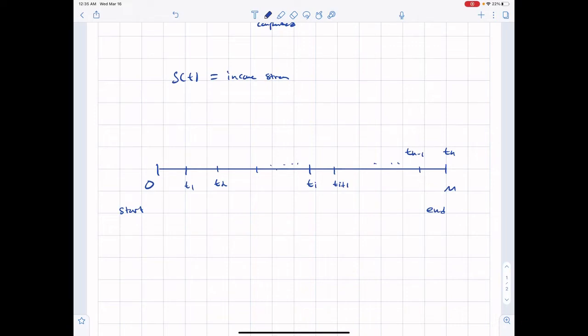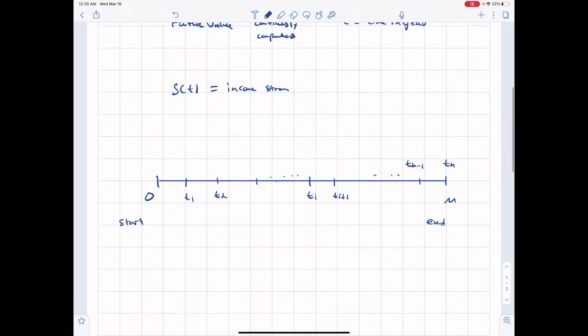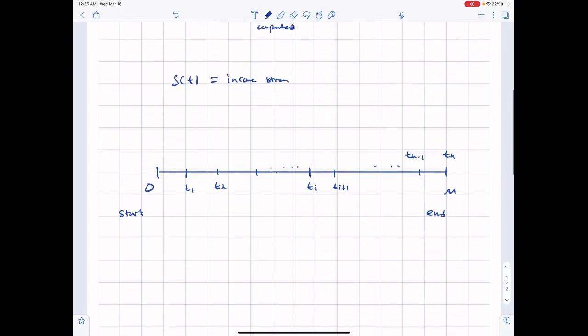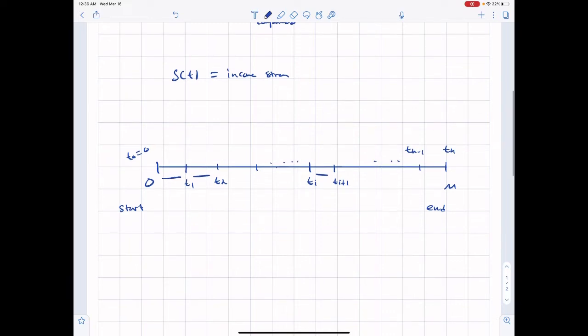And the way that I'm going to do this is I'm going to think, if I take each interval, so t0 is 0, each one of these intervals, can I come up with a formula for how much money I make by investing however much money came in on that interval for the amount of time that's remaining until maturity?